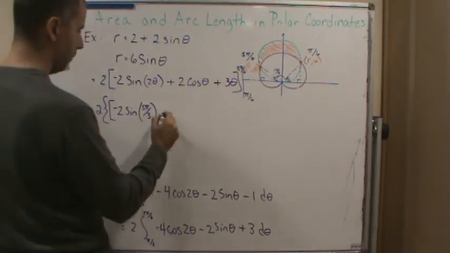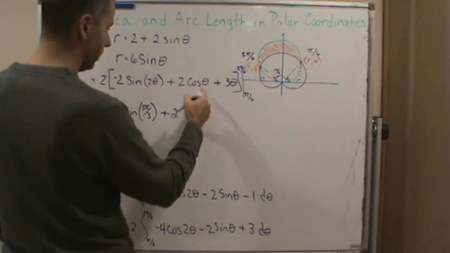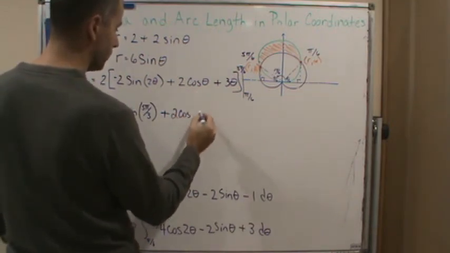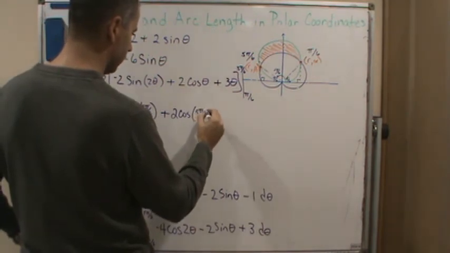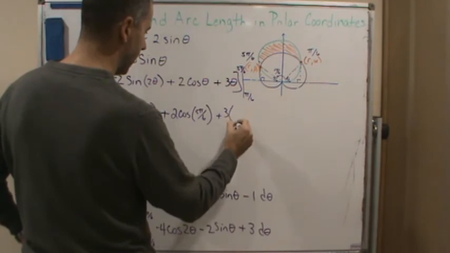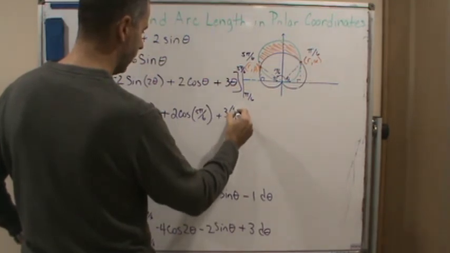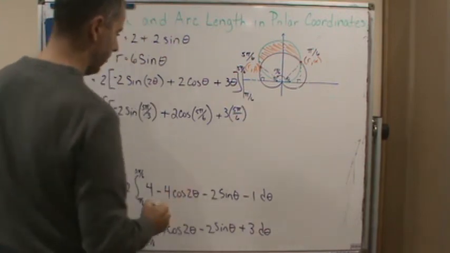Okay? Plus 2 times cosine of what? 5 pi over 6. Plus 3 times 5 pi over 6.